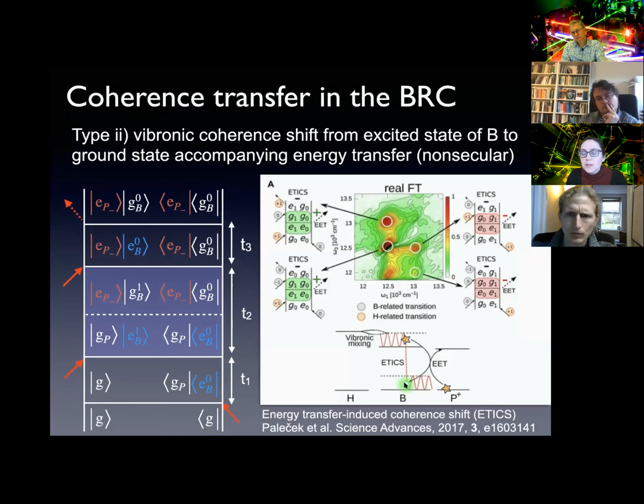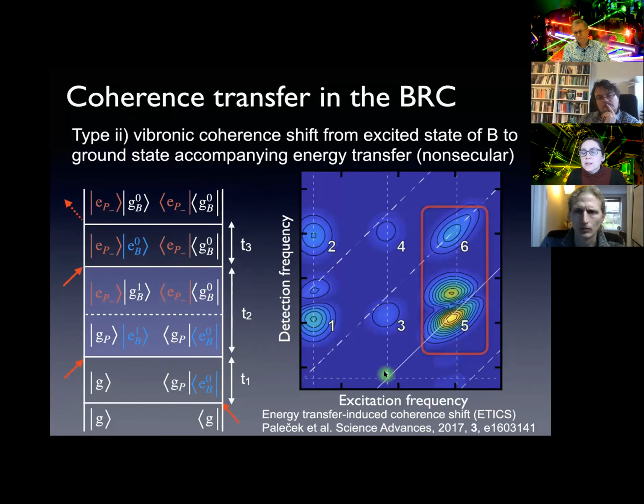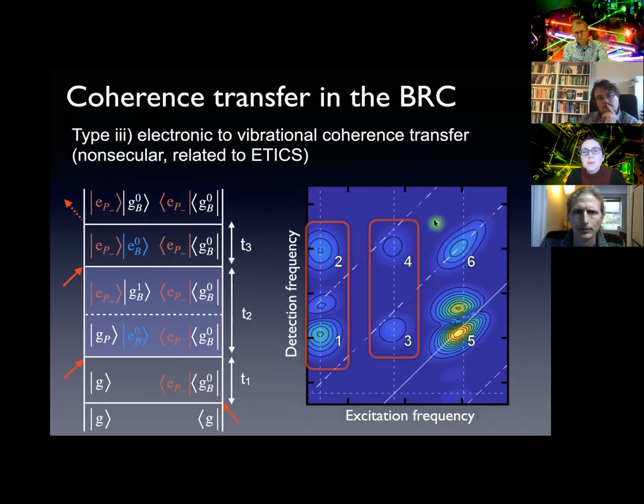And this has been previously identified in studies of the oxidized bacterial reaction center by Zygmontis and coworkers. And they called this energy transfer induced coherence shift and published a really nice paper in Science Advances detailing their observations. Okay, and these type 2 processes contribute to these signatures 5 and 6 in the coherence maps.